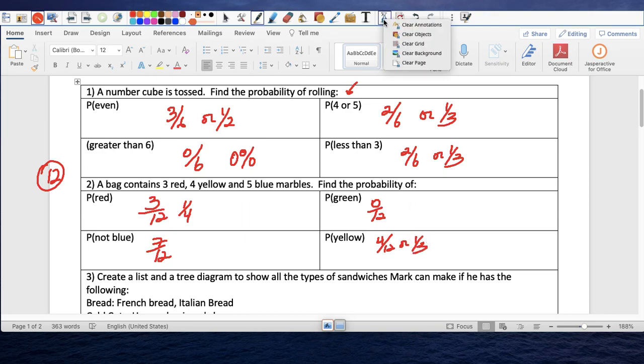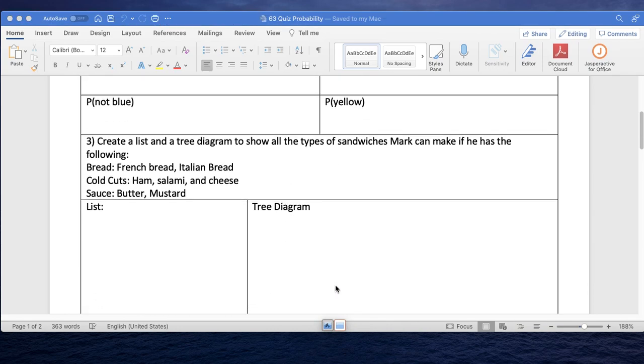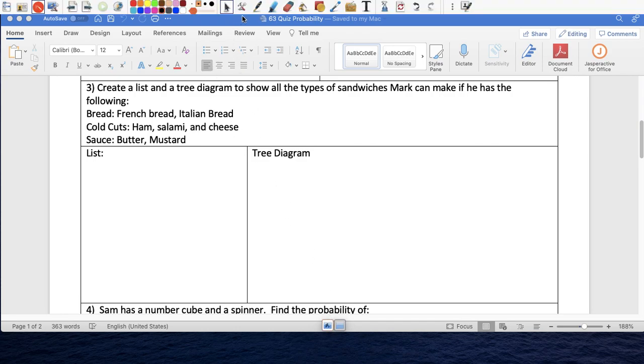Okay, so I still think you guys should have opted to go with this one. Create a list and a tree diagram of all the types of sandwiches you can make. So tree diagram, let me start with that first, because then I can make a list second. So again, my starting point, and I'm going to do bread, and again, the choice was yours. You could mix it up. Cold cuts and sauce.